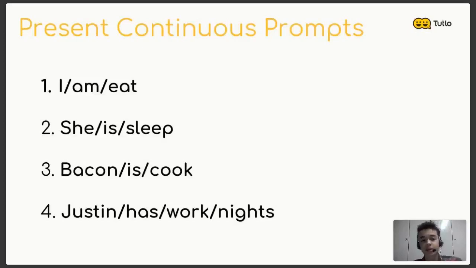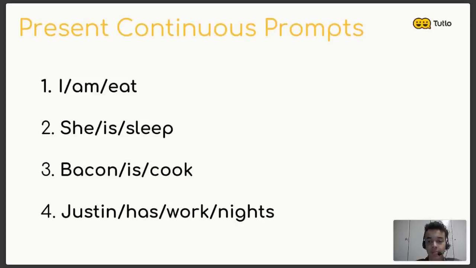All right? It's very important. "Bacon is cooking." Okay, well, if bacon is a person, then we can say "bacon is cooking a supper," all right? But bacon is normally considered a food, right? So "bacon is being cooked," or "the bacon is being cooked," right? Because it's a kind of food. We're going to be talking about a kind of food, all right?